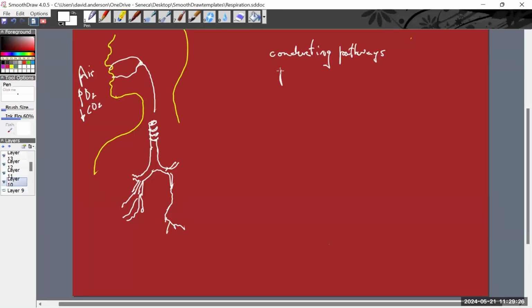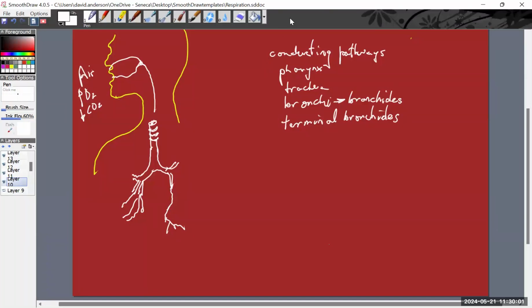So that would be the pharynx, the trachea, bronchi, all the way down to terminal bronchi or bronchioles. Not all bronchioles are terminal.